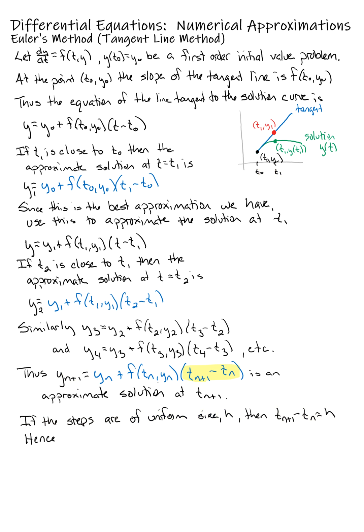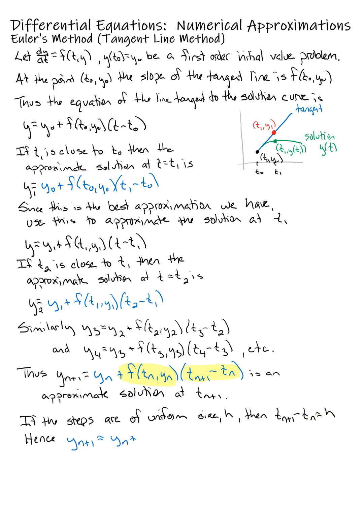And so we would end up with y sub n plus 1 is equal to y sub n plus, instead of f of t sub n, y sub n, I'm just going to call that f sub n.